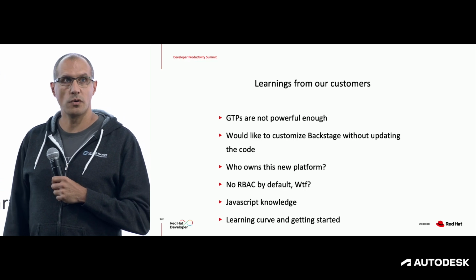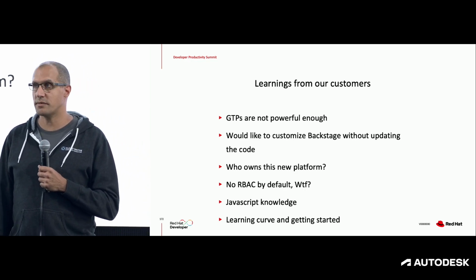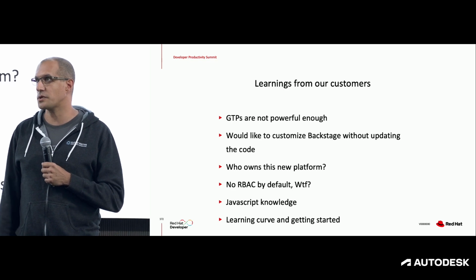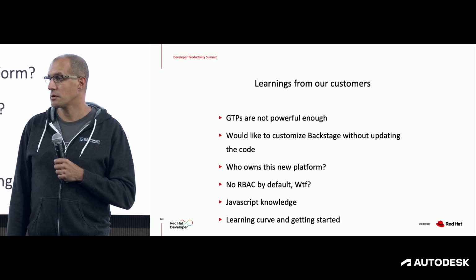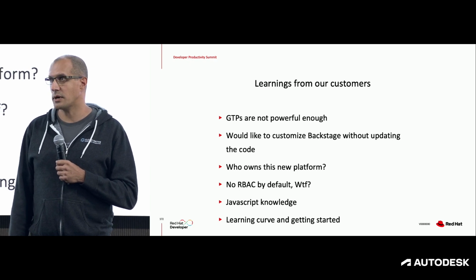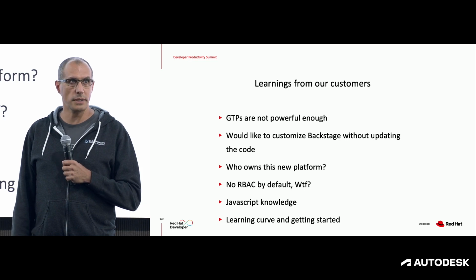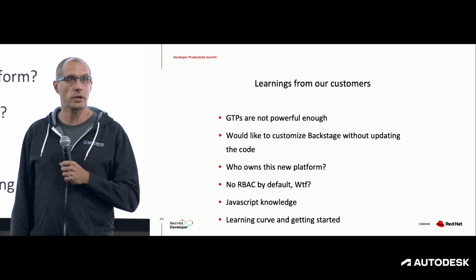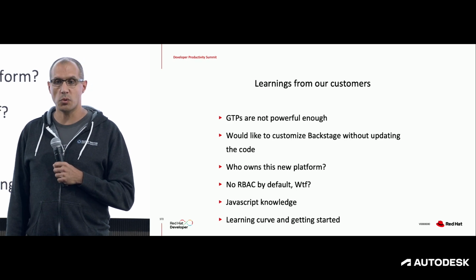So over the last year, the product manager and myself talked to over 100 customers, worldwide customers in different industries. And these are the main points that are coming up for them. One is the golden templates, actually I have a typo, that should be GPTs. They are not powerful enough.